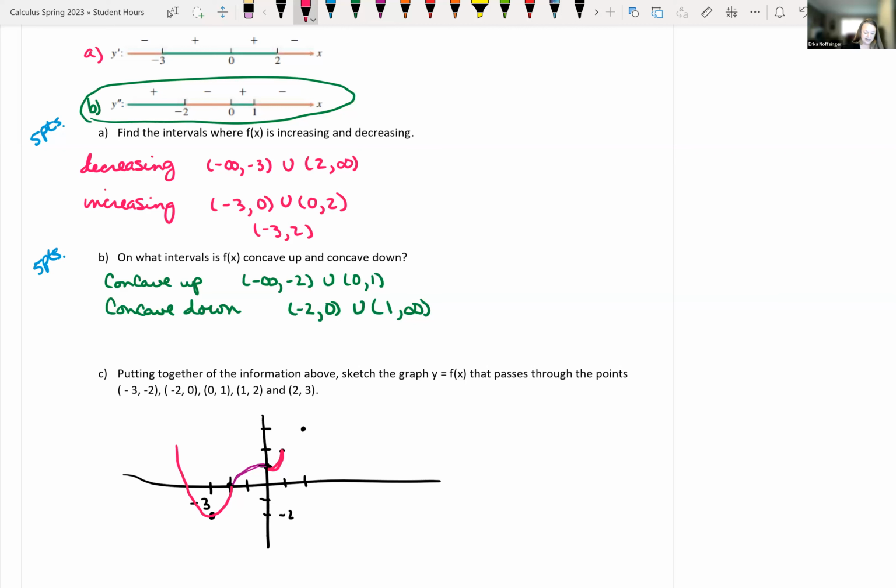And then at x equals 1, I'm going to change concavity again. I'm going to be concave down, still increasing until I hit x equals 2, and then I'm decreasing, but I'm going to stay concave down. So your picture should look similar to this. And this was worth 7 points.